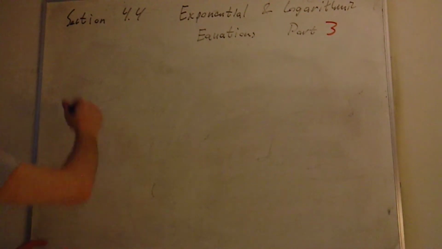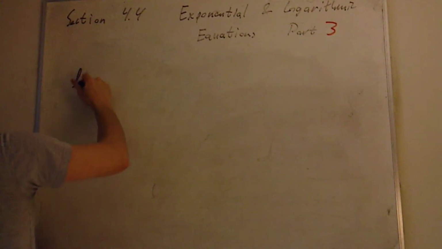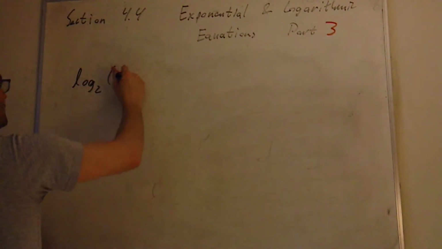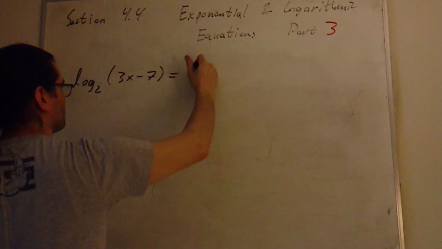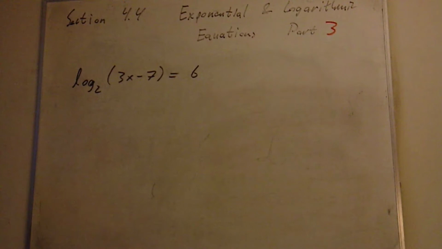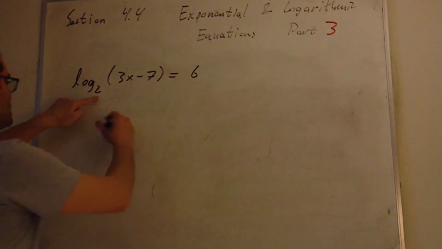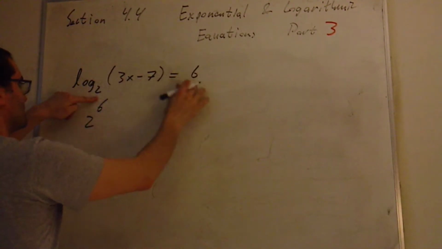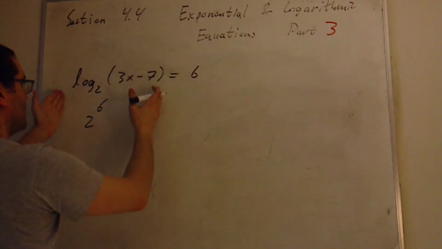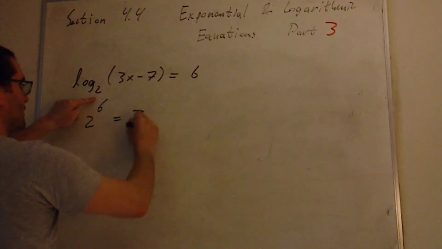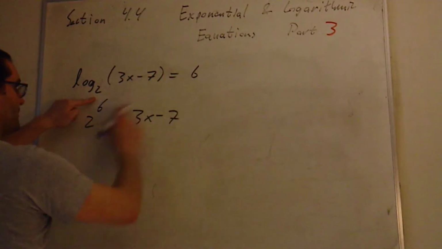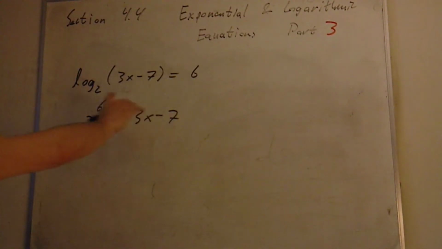Alright, let's talk about log base 2 of 3x minus 7 equals 6. Following the pattern, we're just going to transform this into an exponential. 2 is going to be the base, 6 is going to be the exponent, because this means what exponent do I put on top of 2 to get 3x minus 7? 6 is the exponent you put on top of 2 to get 3x minus 7.